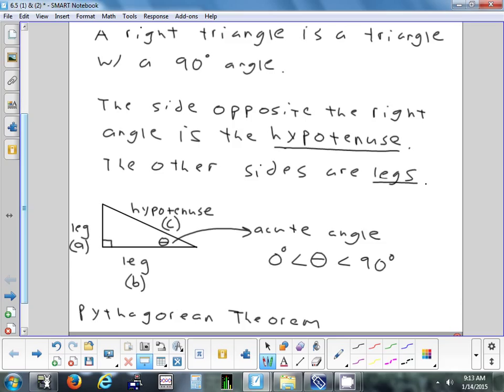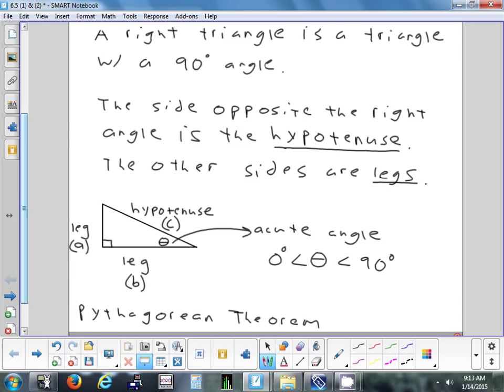Once you draw a right triangle, the two other angles have to be acute. How come? In a right triangle, why do the other two angles have to be acute? At least in a flat triangle. If you start talking about spherical geometry, all these rules change. But we're talking about triangles that are flat, not spherical. Because if they were bigger than 90 degrees, it wouldn't close.